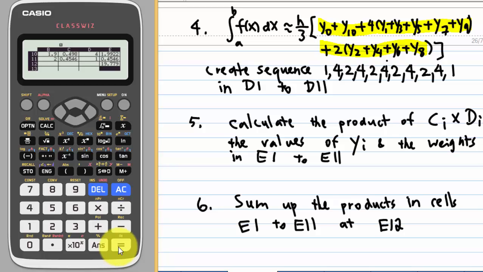So the sum from E1 to E11 is now in E12.